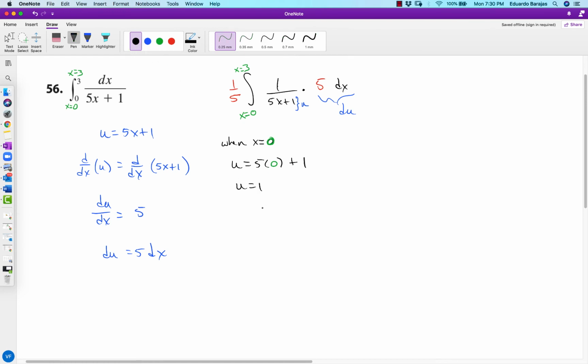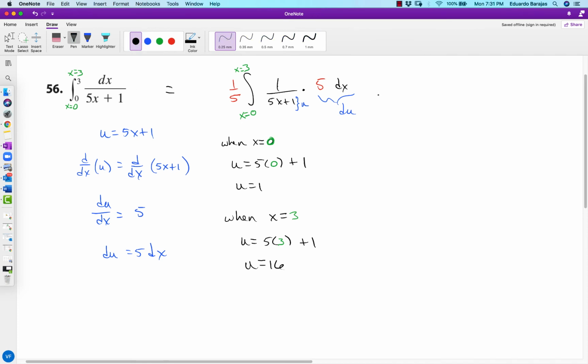When x equals positive 3, then u is equal to 5 times blank plus 1, using that same rule. So there'll be a 3 in here, and so u becomes 16. u equals 16. And so now we're ready to do our complete transformation.